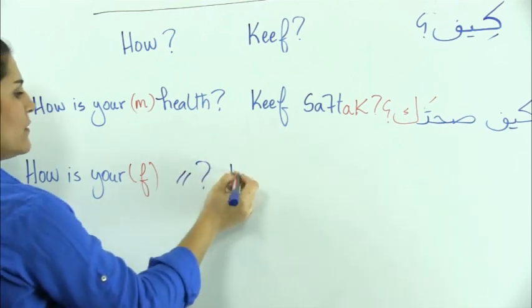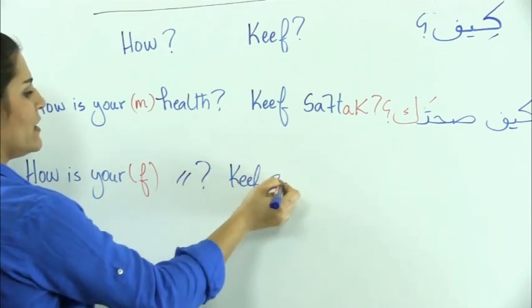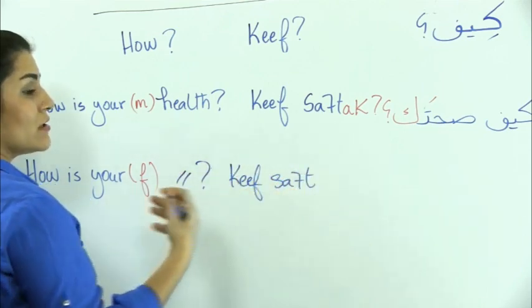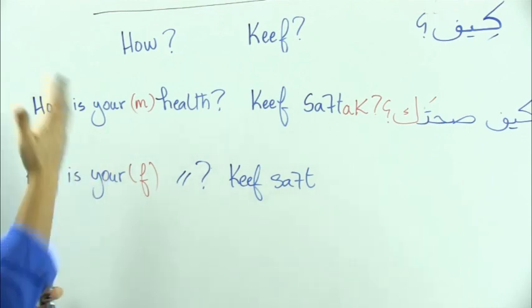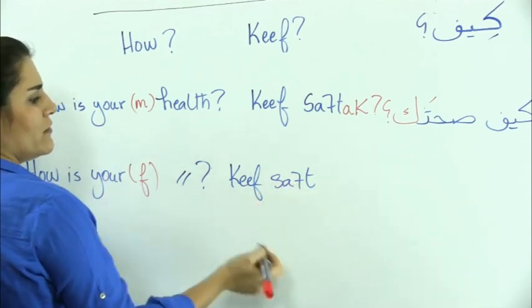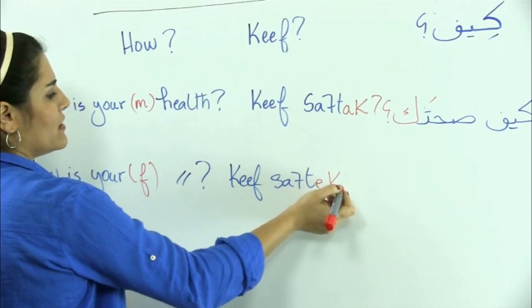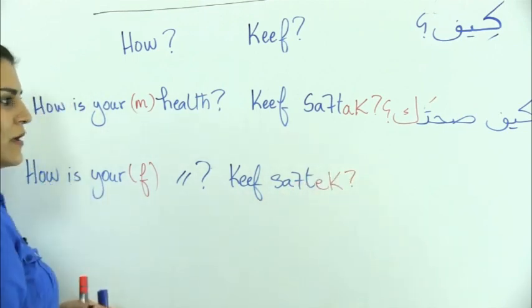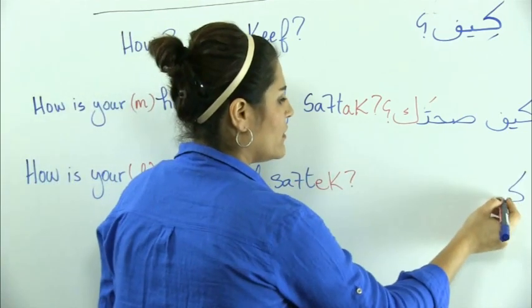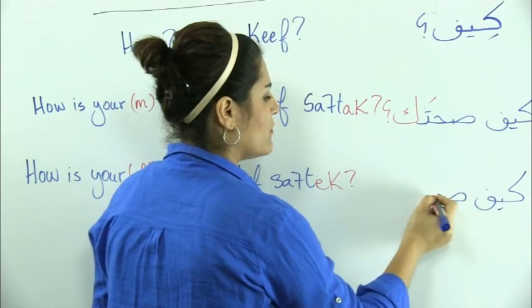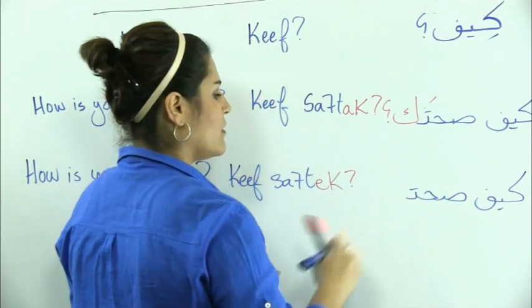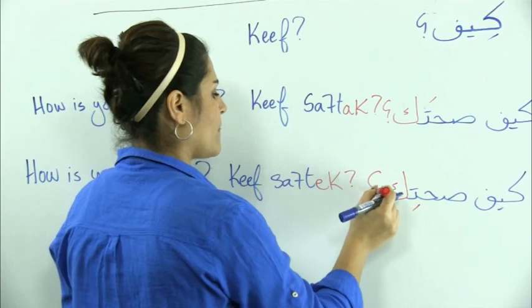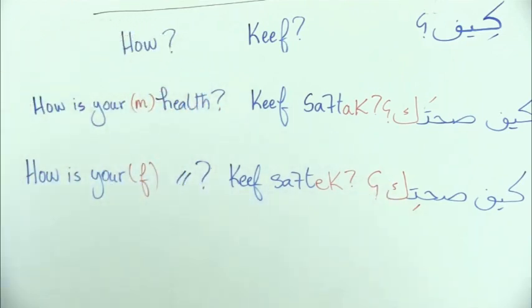So I say كيف, and I guess now you should start getting the hints from before. If I want to say your, feminine, I say كيف صحتك. And in Arabic, كيف and then the feminine suffix.